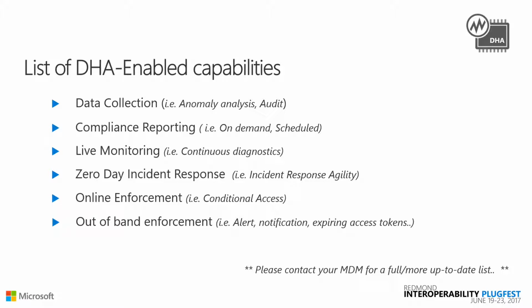I've been talking to some schools, and they said if somebody jailbreaks their device, they don't want to deny access, they just want to send the student to the principal's office. So it is not only online enforcement that is important, but all different types of corrective actions that happen out of band. This is typically what helps us a lot to mitigate risk and reduce the cost of an attack.